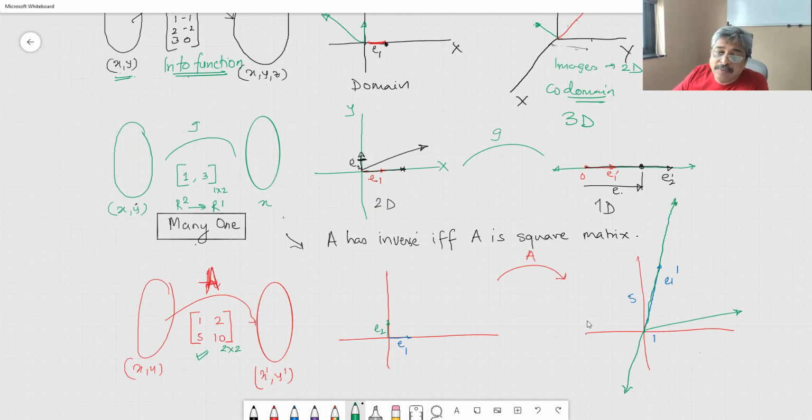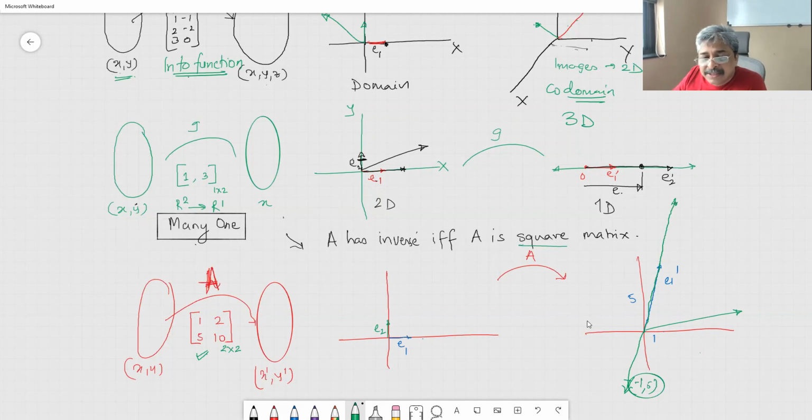In this case also, we will not be able to take the inverse, because I can produce, say, the -1, -5 vector by more than one way. You can get this vector in many different ways, and therefore it is not one-one. It still continues to be many-one, and therefore even if your dimensions are the same, it is necessary that it should be a square matrix, but it is not sufficient, and therefore one more condition.